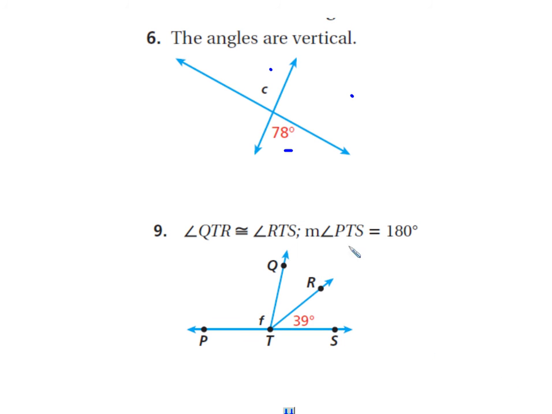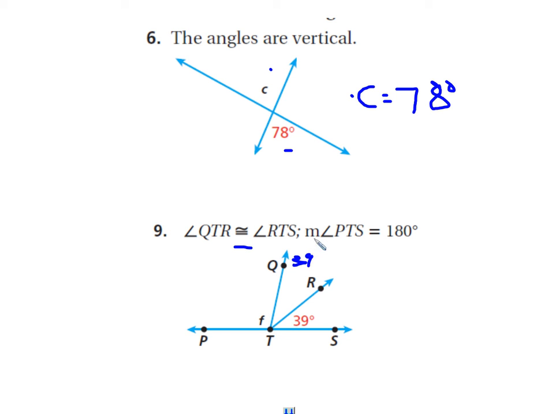And so we can use this information to find unknown measures. This angle is 78. This is a vertical angle. We know that the opposite angles of vertical angles are congruent. So C equals 78 degrees. On this one, they're saying that angle QTR is the same as RTS, meaning this is also 39.